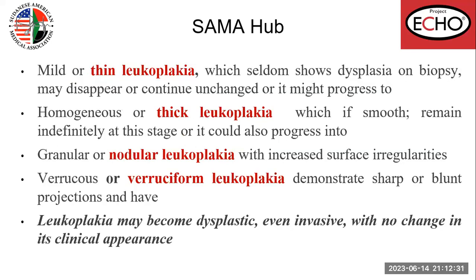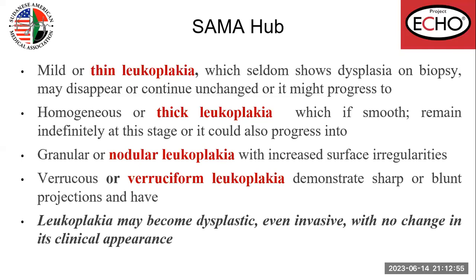We have four typical morphological appearances of leukoplakia. It starts as a mild or thin leukoplakia, which seldom shows dysplasia on biopsy, and it may disappear or continue unchanged, or it might sometimes progress to a more advanced stage.